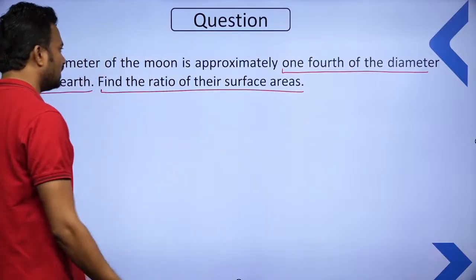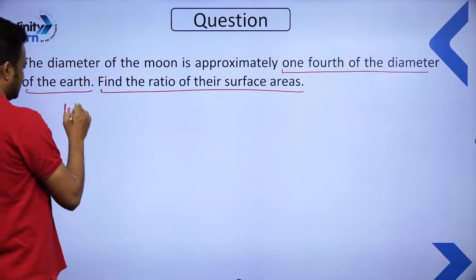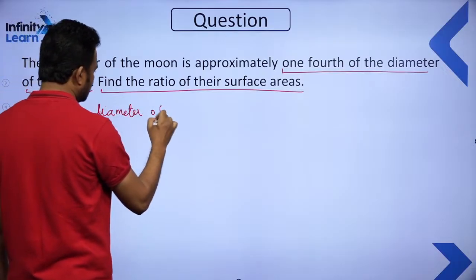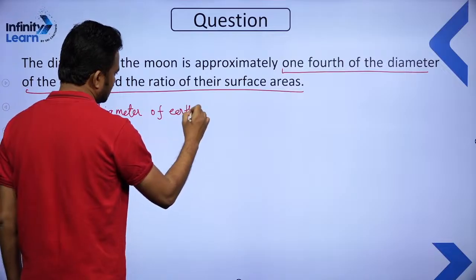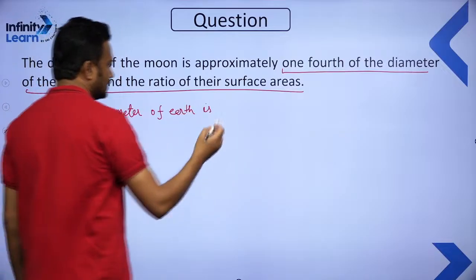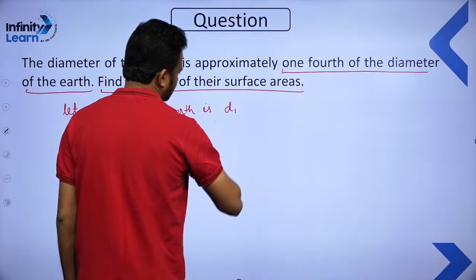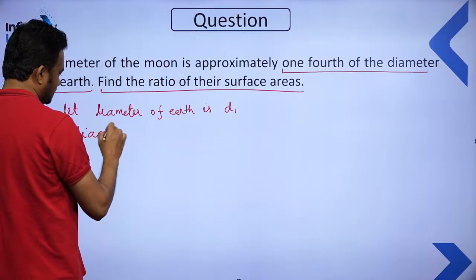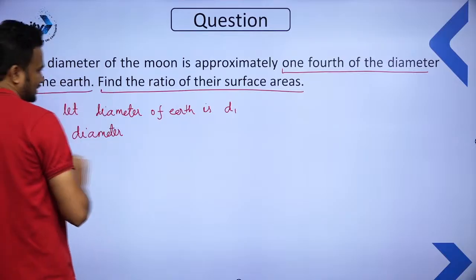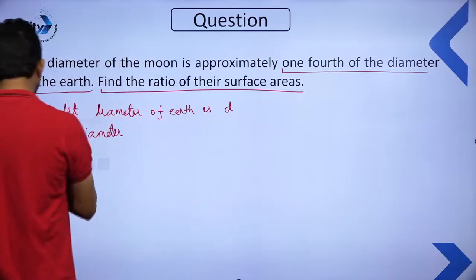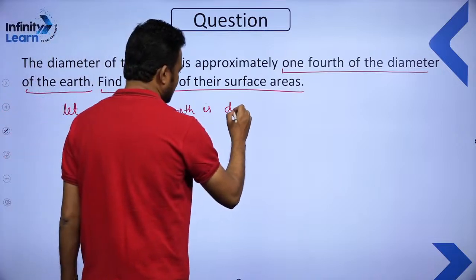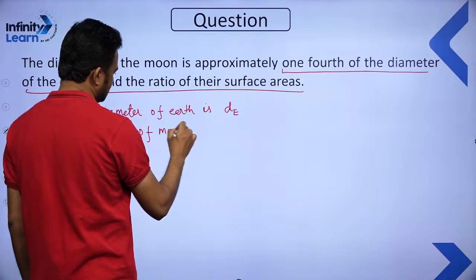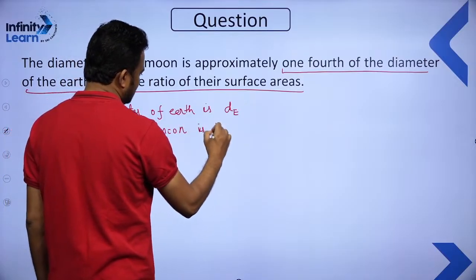So let us assume the diameter of earth is d1. Instead of d1, let us write d e, where d e stands for the diameter of earth, and the diameter of moon is d m.